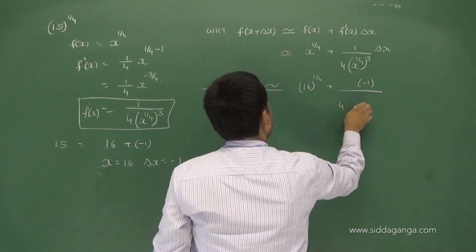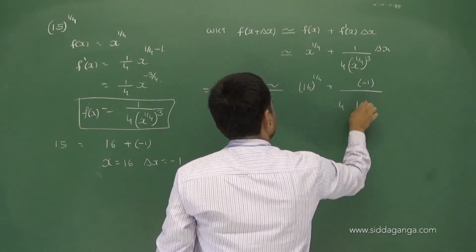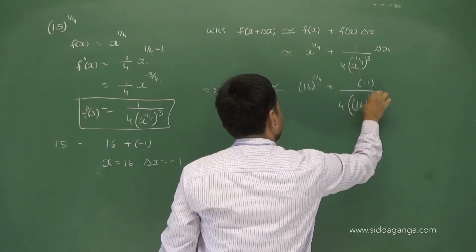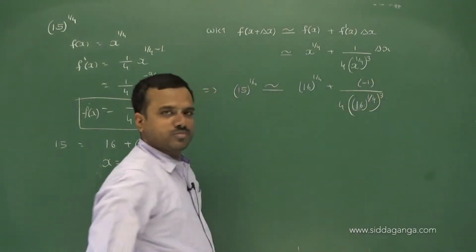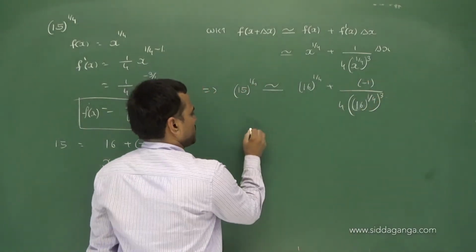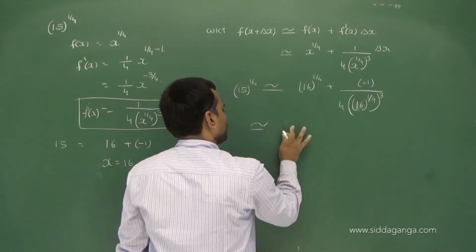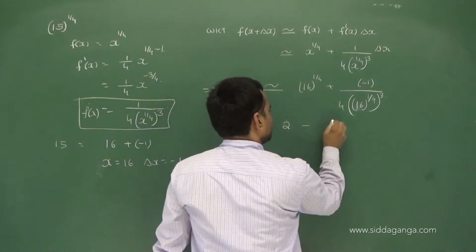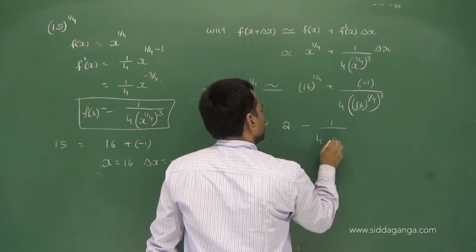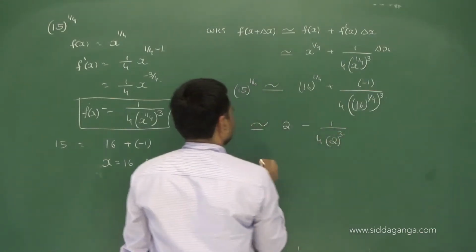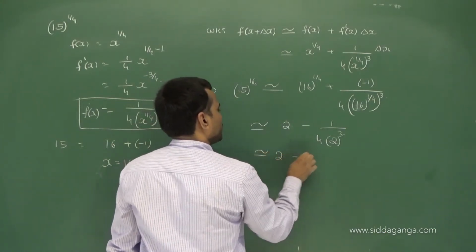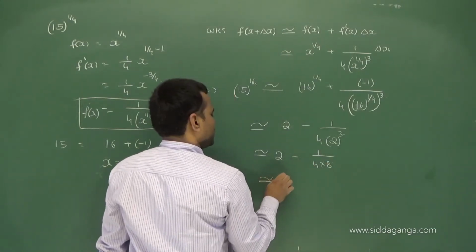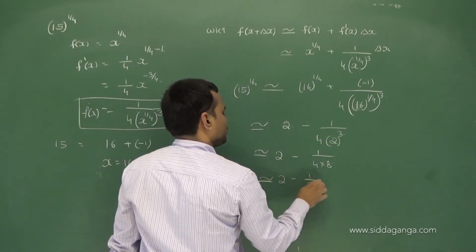Minus 1, divided by 4 into 16 to the power 1 by 4 whole cube. Correct? So that is approximately equal to 2 minus 1 divided by 4 into 2 cube, approximately 2 minus 1 divided by 4 into 8, approximately 2 minus 1 divided by 32.